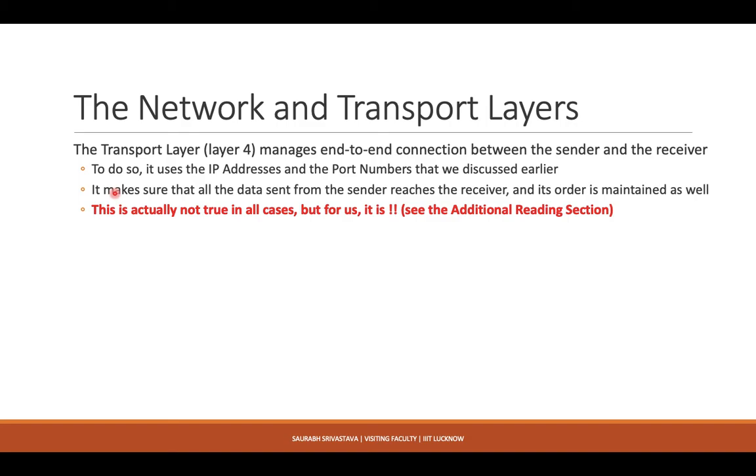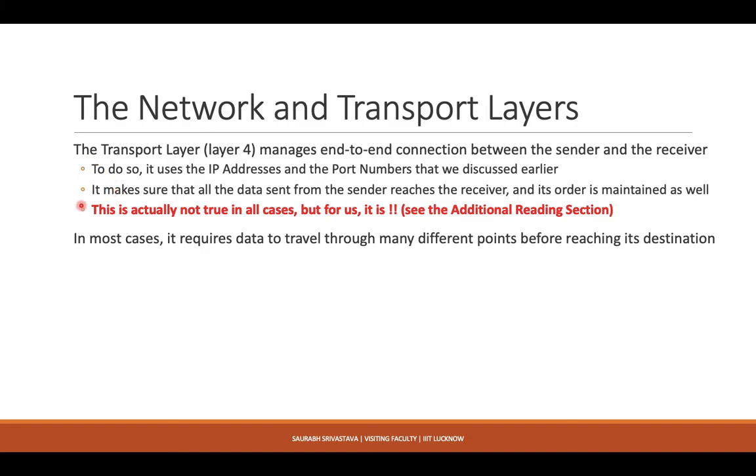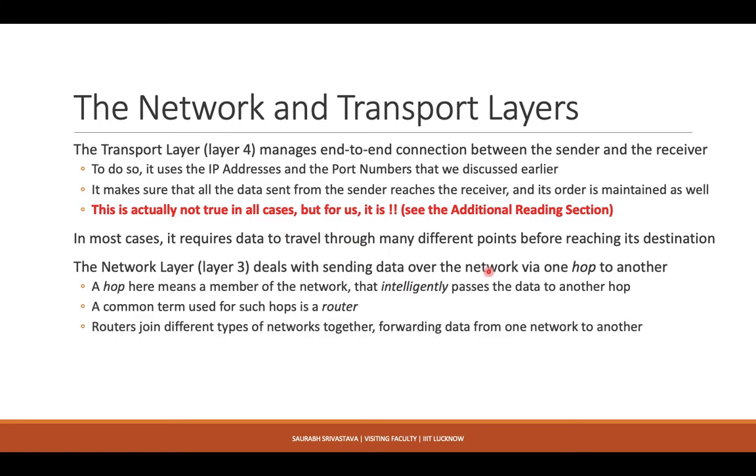Sometimes you may have to resend a particular packet. Sometimes certain packets might be received multiple times or out of order. All those things are managed by the transport layer. And in most cases the data will actually travel through multiple hops before it reaches your destination.